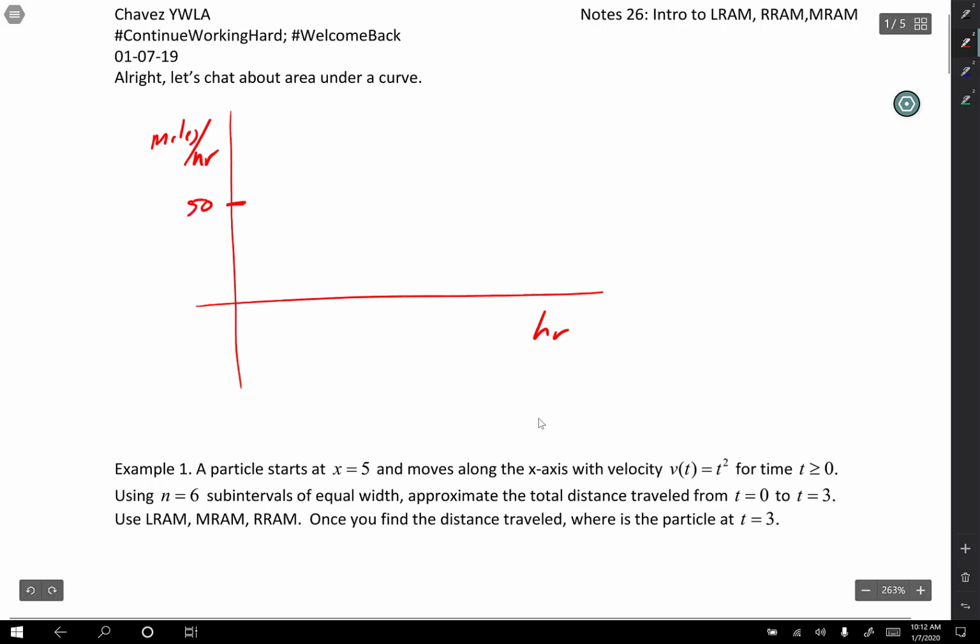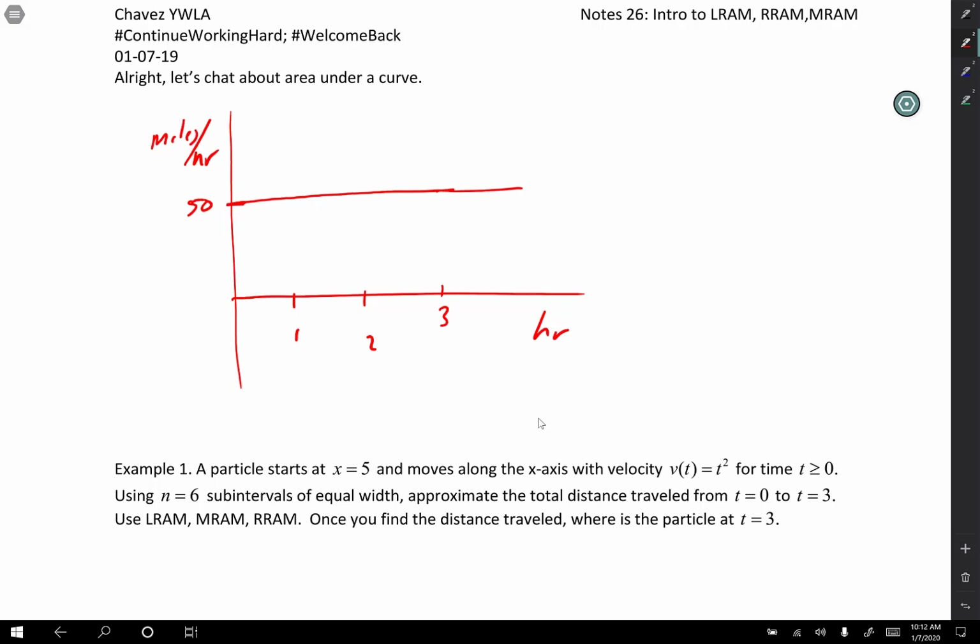So let's say we have a train going 50 miles per hour. And let's say 1, 2, 3. And let's say I want to know what the area under this curve means between 0 and 3.